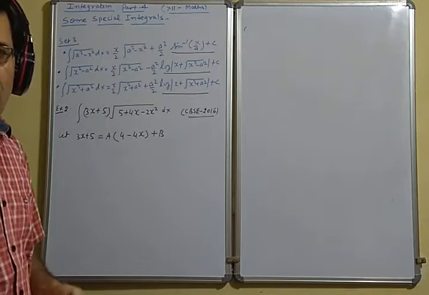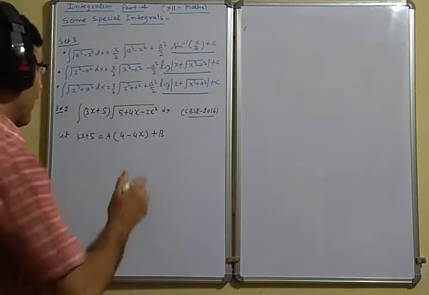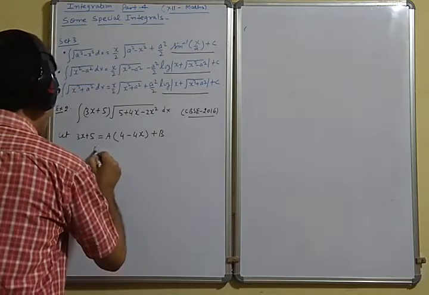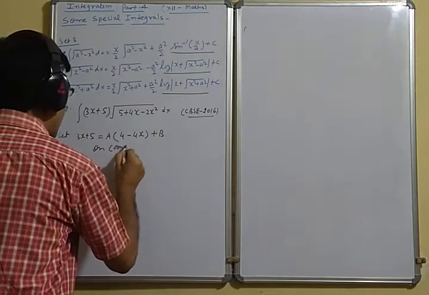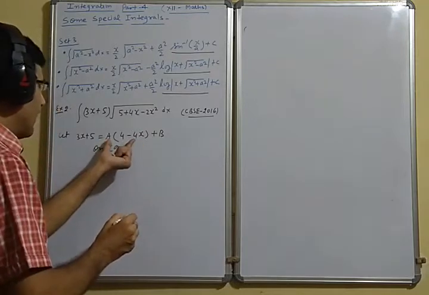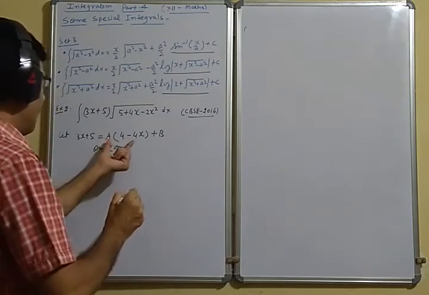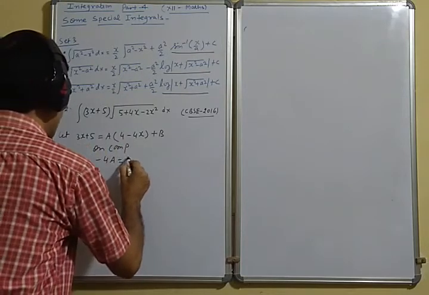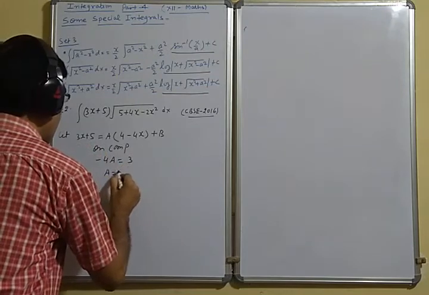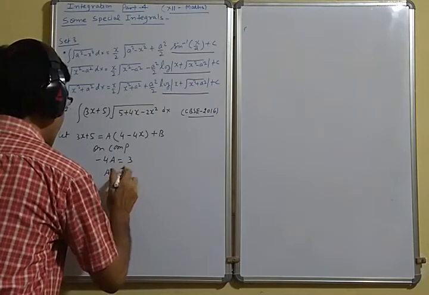Now we find out the value of a and b. So, on comparing coefficient of x, that is minus 4a, minus 4a is equal to 3. A is equal to minus 3 by 4.